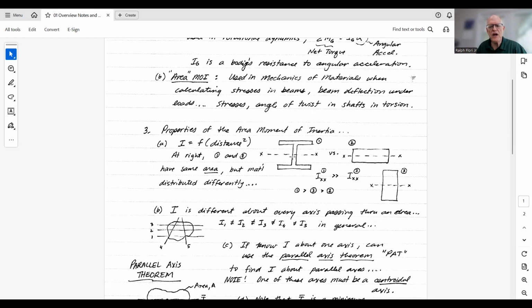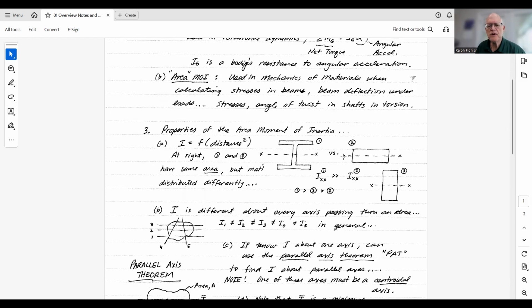So we have three different shapes here: an I shape, which is 1, a rectangular shape on its side, which is 2, and a rectangular shape oriented this direction, which is 3. All of these have the same cross-sectional area, but they all have different area moments of inertia about the x-x axis.